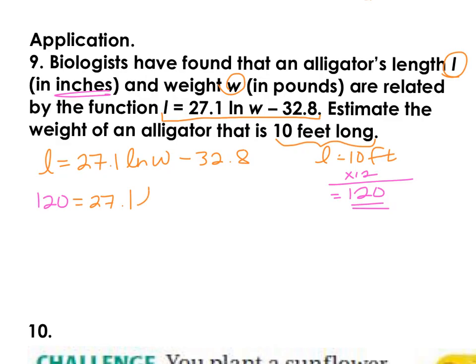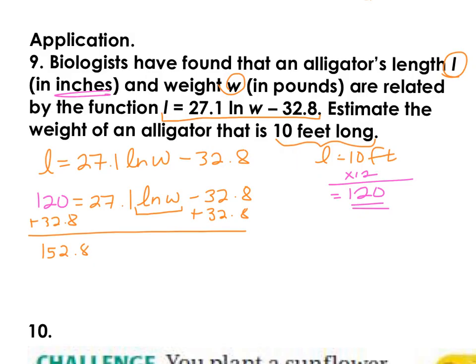27.1 times ln W minus 32.8. From here, this is just a logarithmic equation like the problems we just did. If we want to isolate our logarithmic term, we have to get ln W by itself. What I'm going to ask you to do first is move that 32.8 over by adding. 120 plus 32.8 is 152.8.